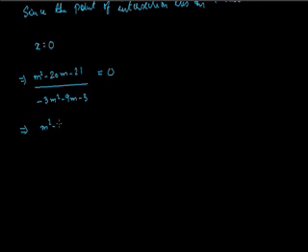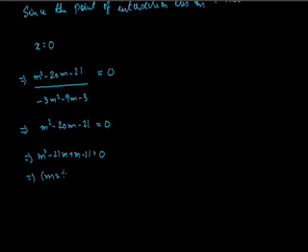m square minus 20m minus 21 is equal to 0, which can further be factorized into m square minus 21m plus m minus 21 is equal to 0, and we shall have two factors, of which one is m minus 21 and the other one is m plus 1 is equal to 0.